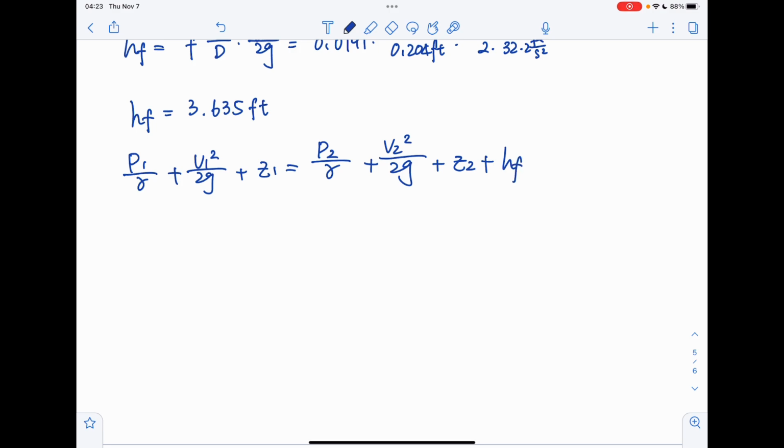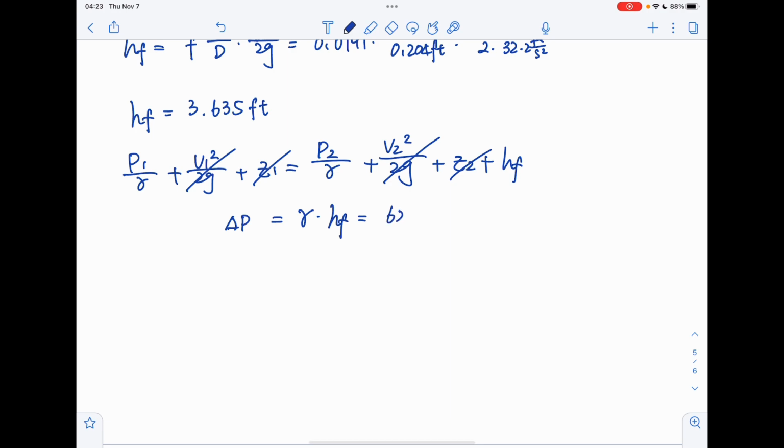Because the velocity is the same, since it's the same pipe, and it's a horizontal pipe, the elevation is the same. So the only thing we have, the delta P, equals gamma times the head loss.